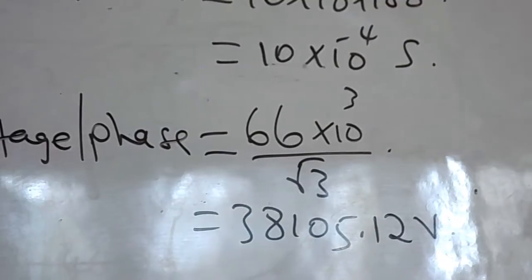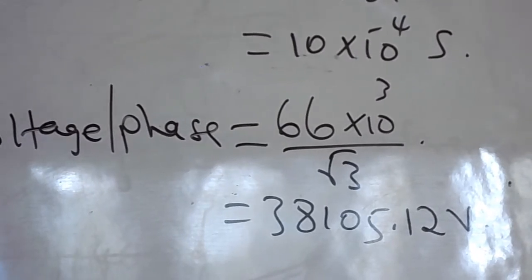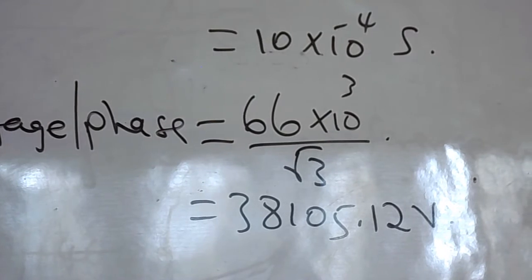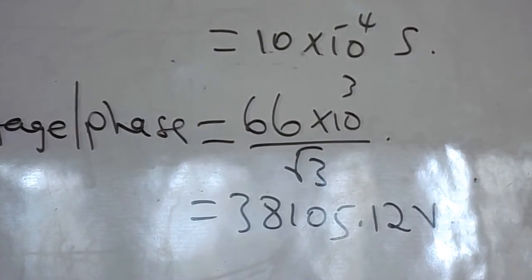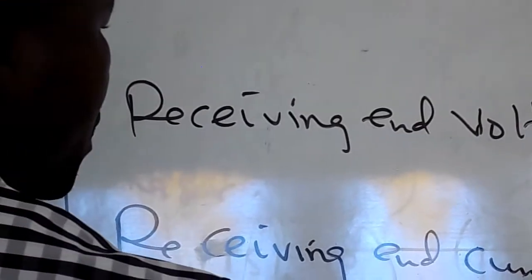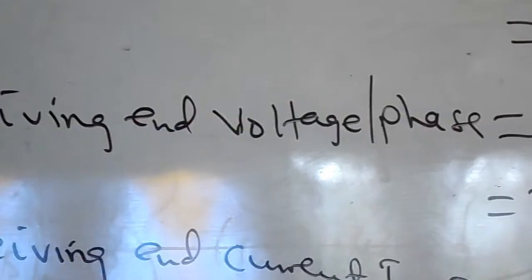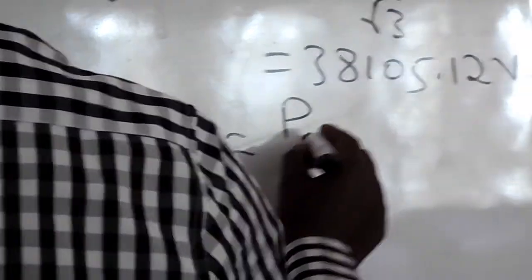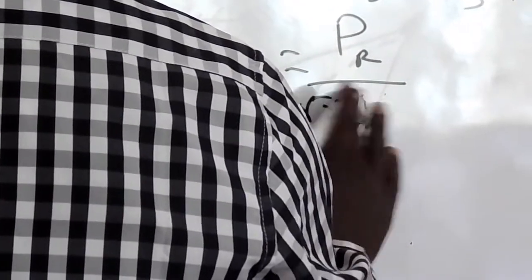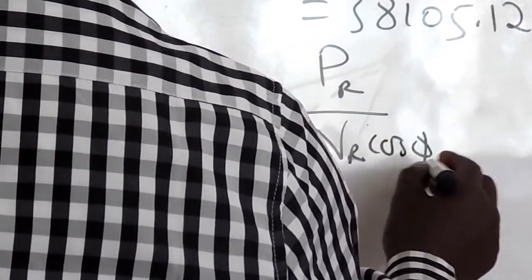Now, we can also go ahead and get the receiving end current, IR. That will be equal to PR all over root 3 VR cos phi r.